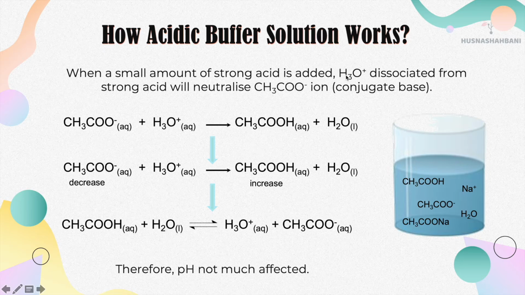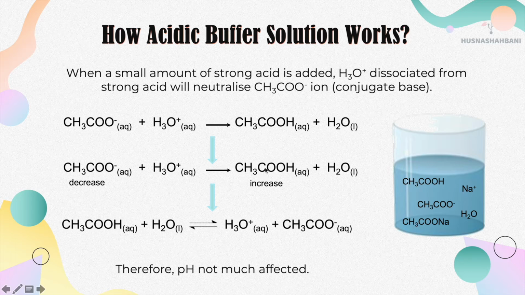When you add strong acid, H3O+ from the strong acid will react with CH3COO-. So when it reacts, this CH3COO- concentration will decrease because it will be used up by H3O+. And the concentration of weak acid will increase because these keep producing CH3COOH and water. So the concentration of CH3COOH will increase, and the concentration of CH3COO- will decrease.